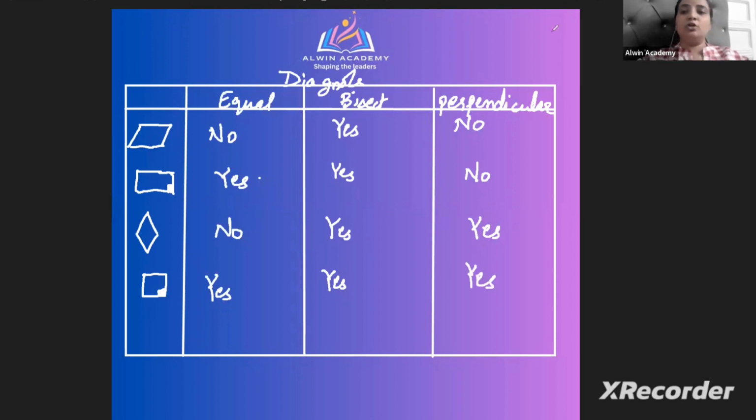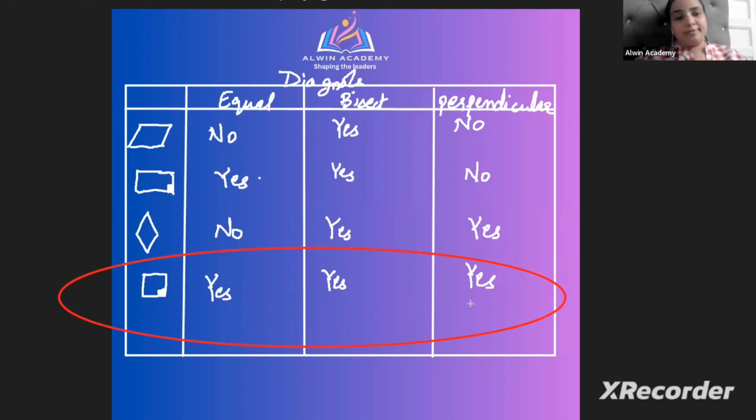Dekho beta, to summarize here, in a square all the properties of diagonals are a check, yes, right? Diagonals of a square are equal. Diagonals of a square bisect each other, and diagonals of a square are perpendicular to each other as well.